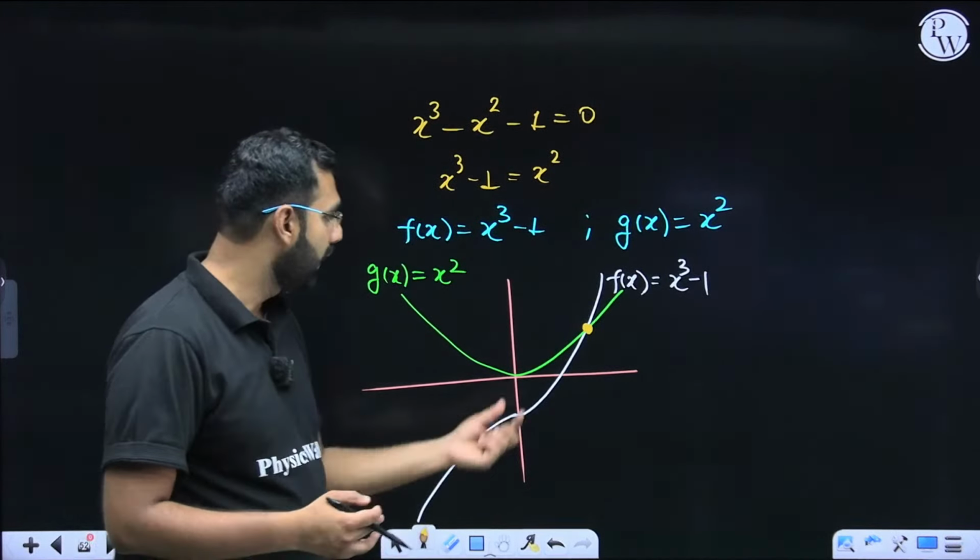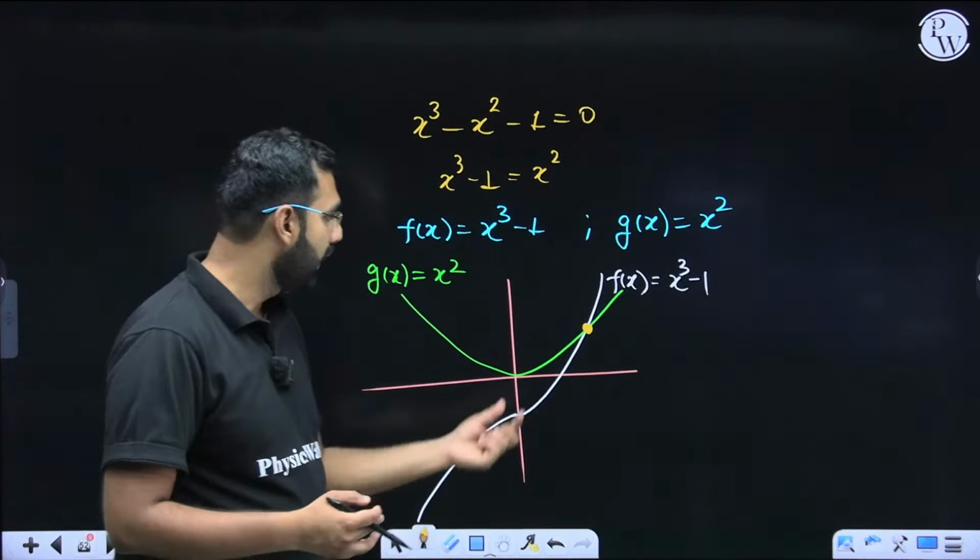Let's say the point is h comma f of h, h comma g of h, or h comma k, whatever point it is, there both of the graphs are satisfied. Both of them are equal, which means f of x and g of x are equal for a certain value of x, which I don't know.